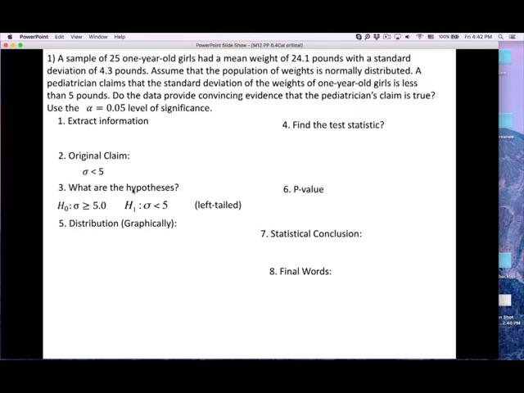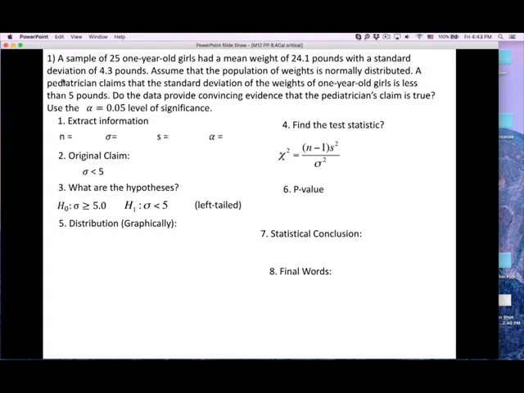Because the alternate hypothesis is strictly less than. Okay, now we have the formula for the test statistic. So you're looking for n, your sample standard deviation or variance, or population standard deviation or variance.